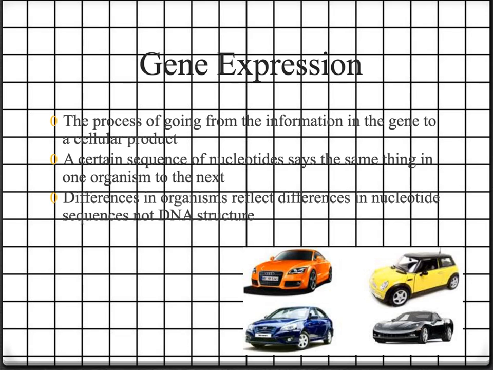Okay? So then we can say that the differences in organisms reflect differences in their sequences, not DNA. So remember again, DNA, A, T, G, and C, same 4 letters, every living thing on this planet, but the differences in you and a jellyfish are going to come from the differences in your nucleotide sequences.